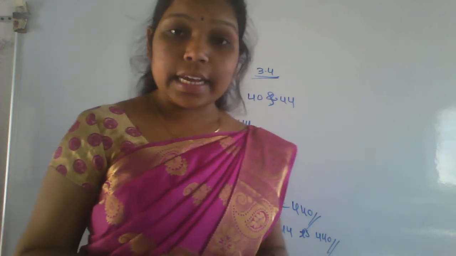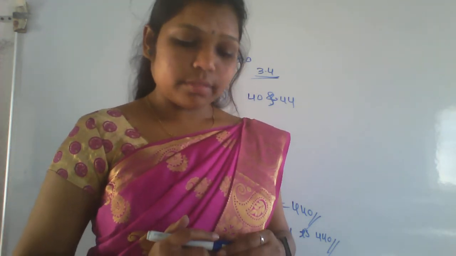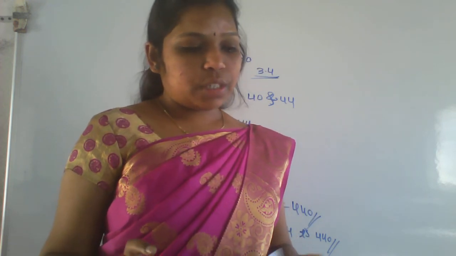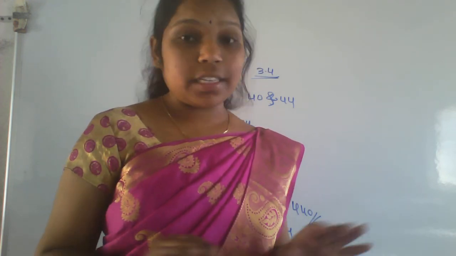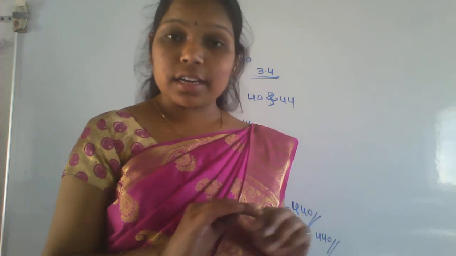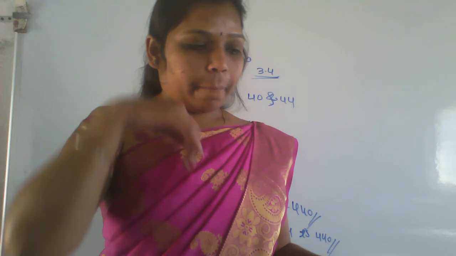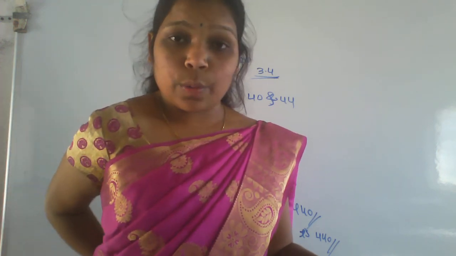So we completed exercise number 3.4 also. So is the chapter over? Yes, the chapter is over. The third chapter is completed. Next are the MCQs and Work It Out, which you will do yourself.